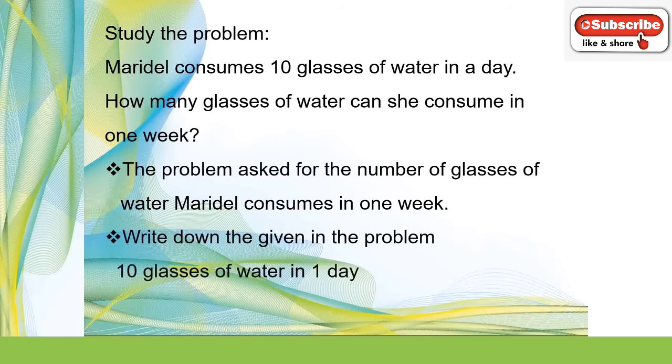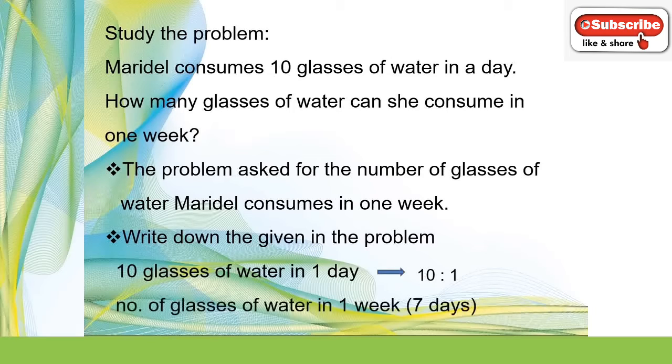We have 10 glasses of water in a day, so we write it 10 is to 1. Then we have the number of glasses of water in 1 week, which is 7 days. Since the number of glasses taken in 1 week is unknown, represent it by n, therefore we write it n is to 7.